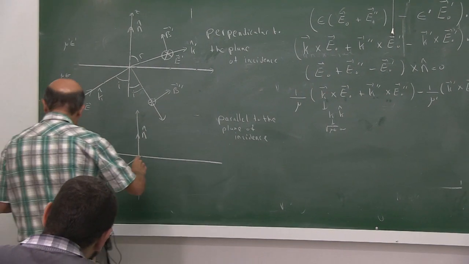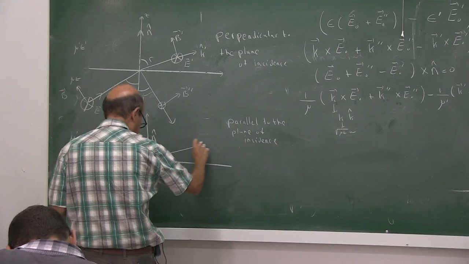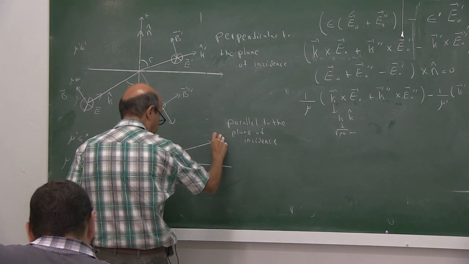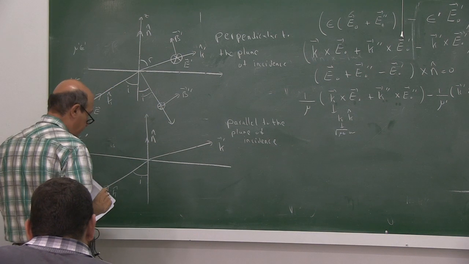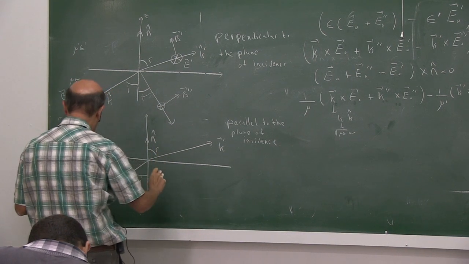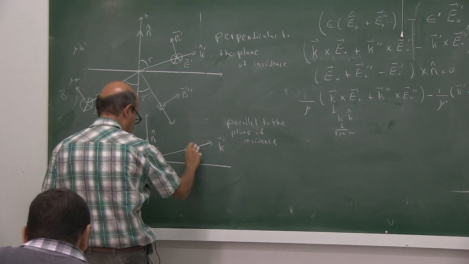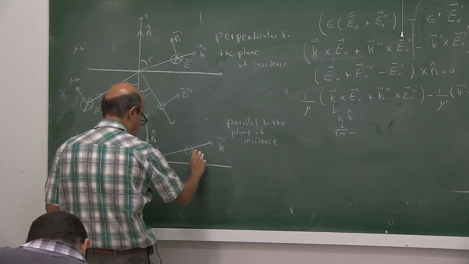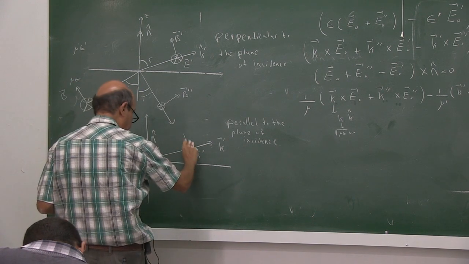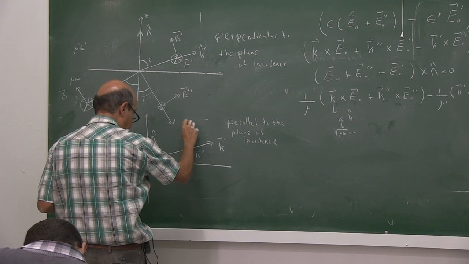So this is the incident, and that is the reflected R, and the refracted with B prime, let's say, and E prime.